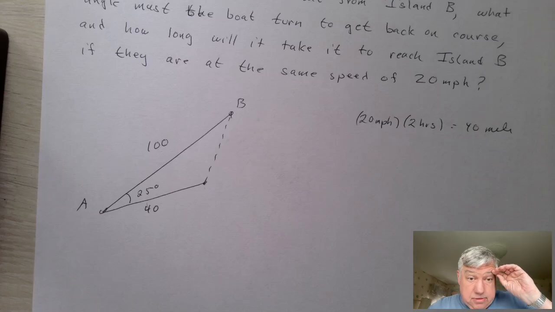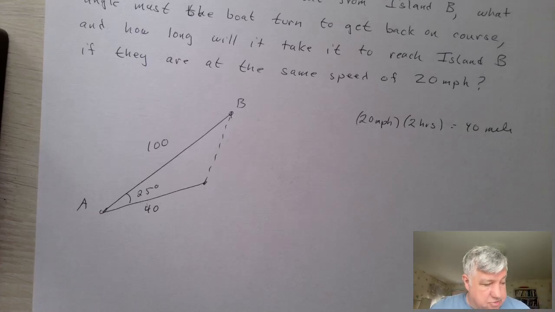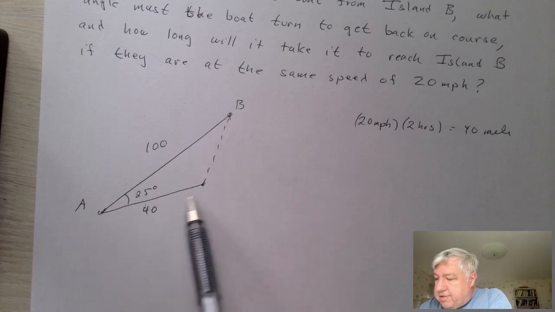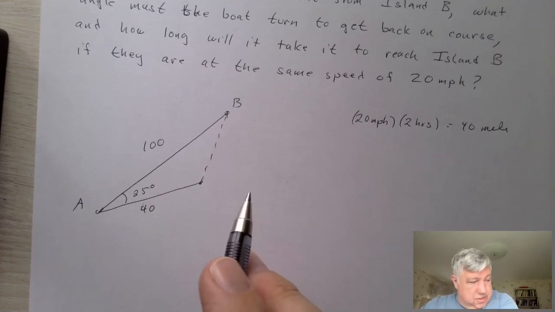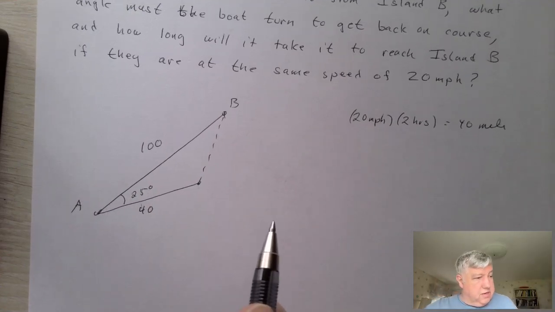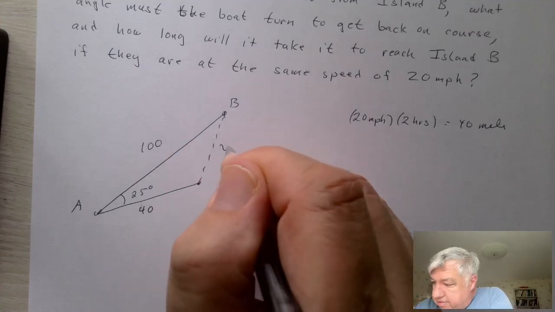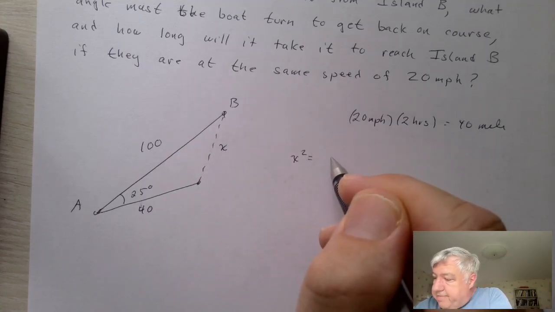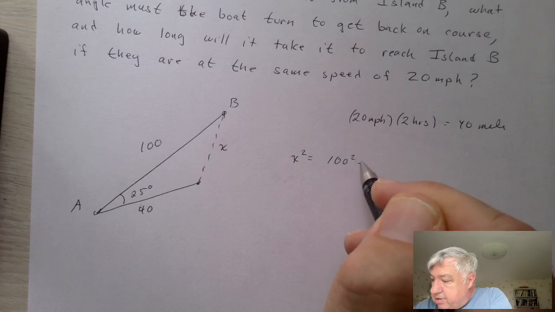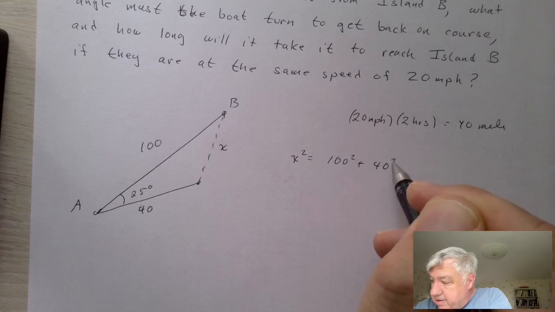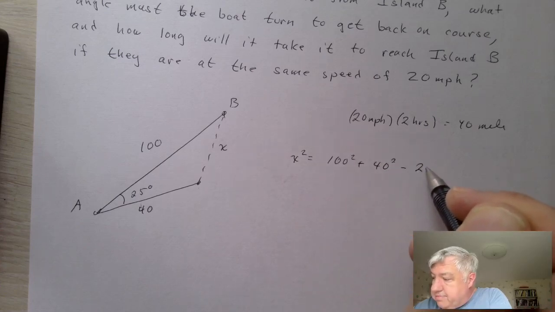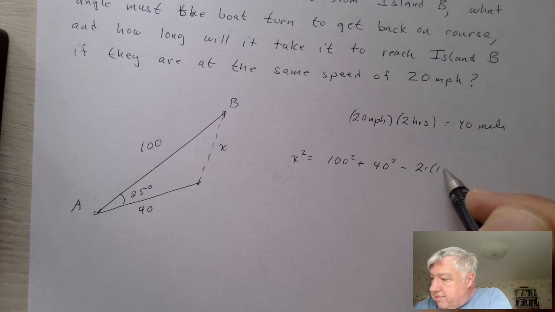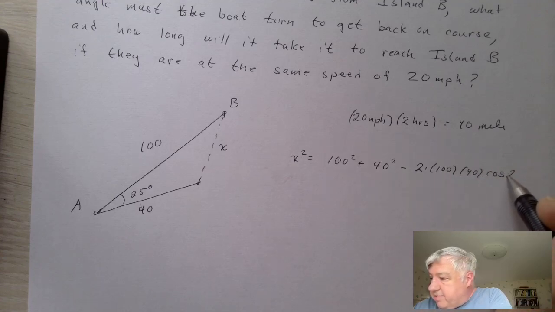So we want to find out what this distance is. Well, that's not too bad now, right? Because we know this side, and we know the angle between them. So if we call this x again, x squared is going to be 100 squared plus 40 squared minus 2 times 100 times 40 times the cosine of 25 degrees.